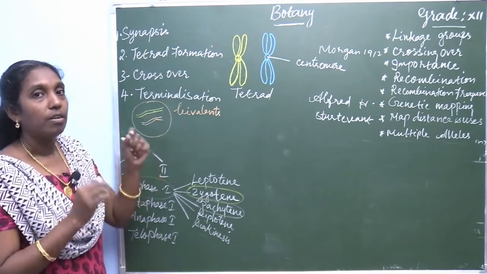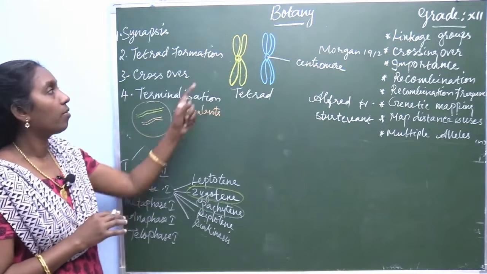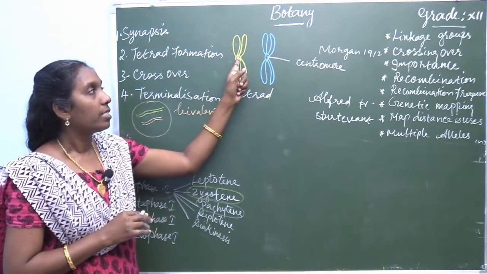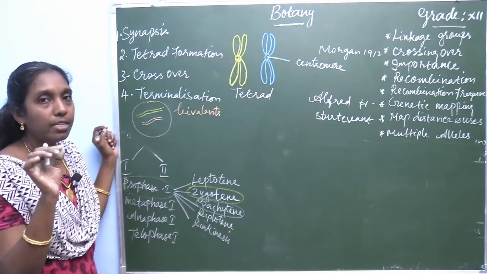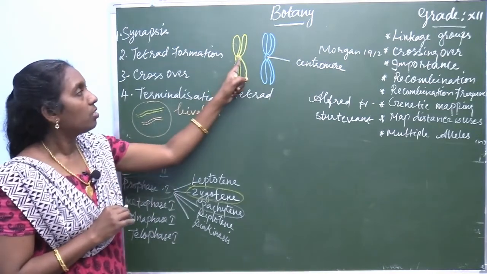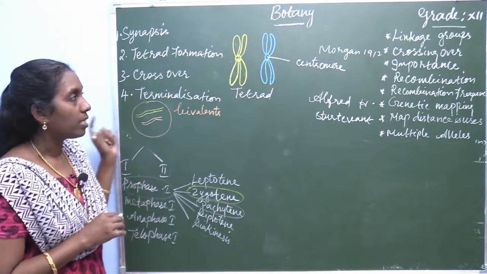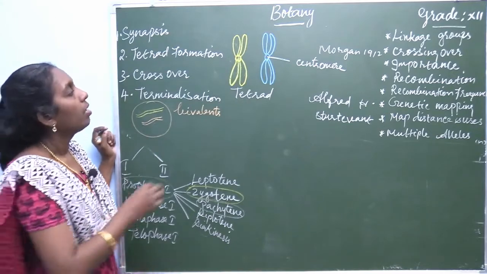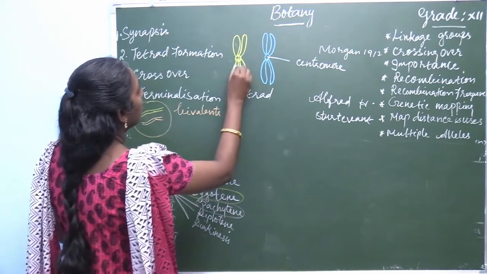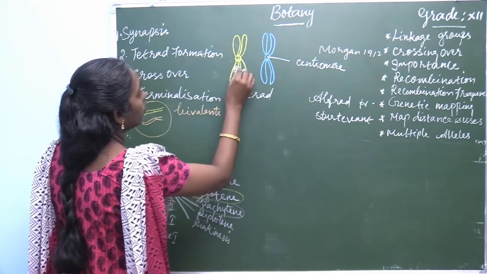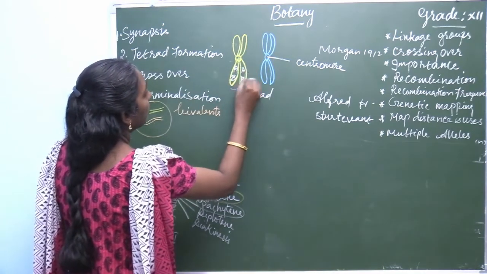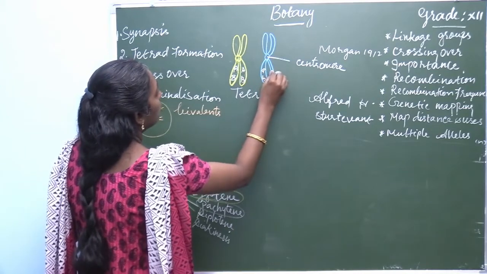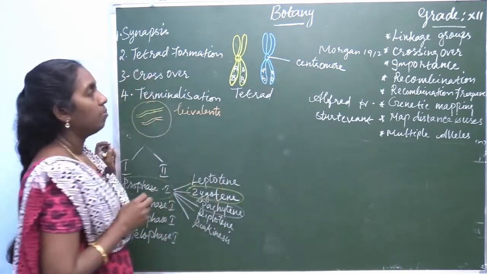Tetrad formation: four different chromatids are formed, joined at a particular point called the centromere. For example, here are the chromosomes which contain the genes capital A, B, small a, small b, small a, small b.